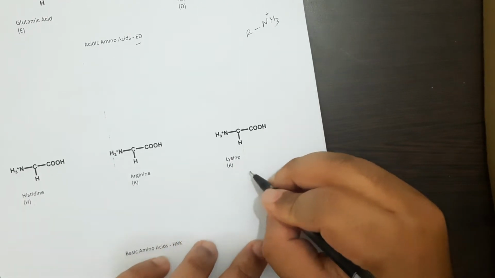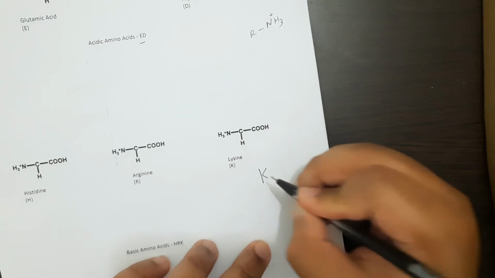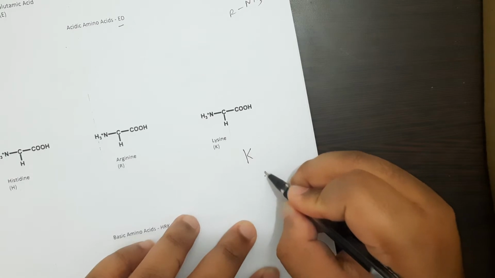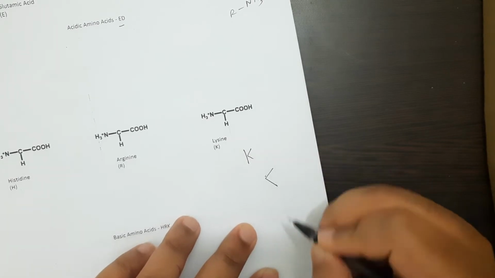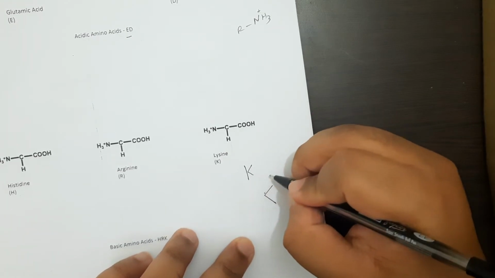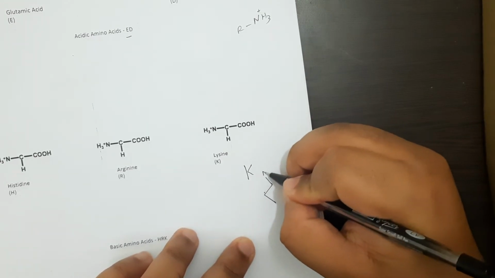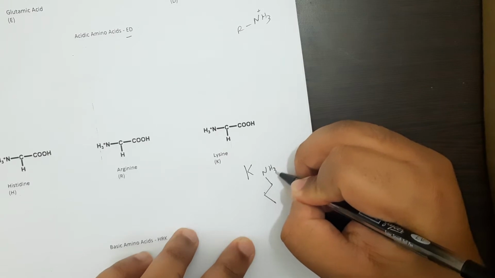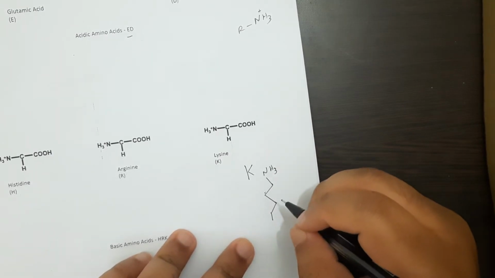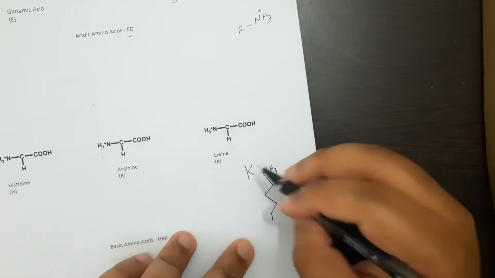Lysine has a single letter code of K. So how to remember the structure from this is, you look at the shape of the K, this part. Now how to remember this is, you add a nitrogen group over here from this end, and in this end you just attach it to your beta carbon, and this is the simple structure of lysine.